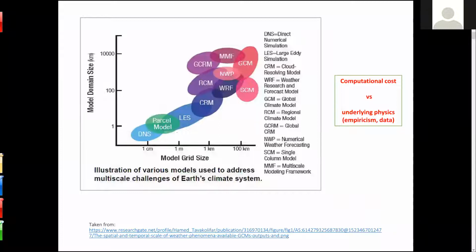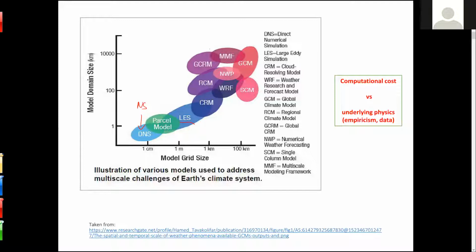DNS refers to your Navier-Stokes. So this is a numerical simulation of your Navier-Stokes, where turbulence is not estimated. If you increase the resolution, say you go to large eddy simulation, then this is an approximation, or at least a physical formula, to include the effects of turbulence.